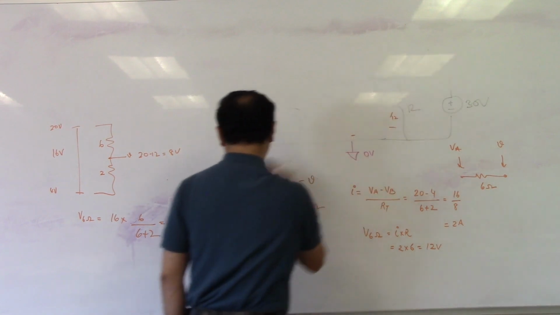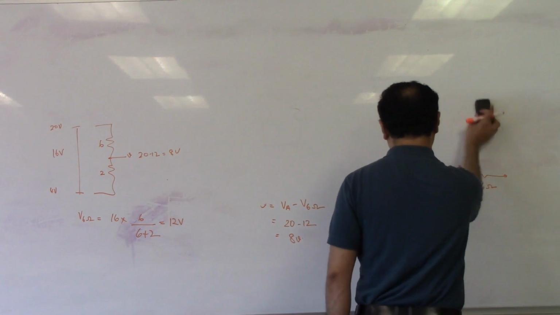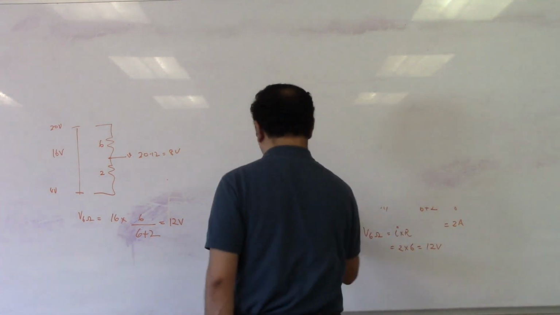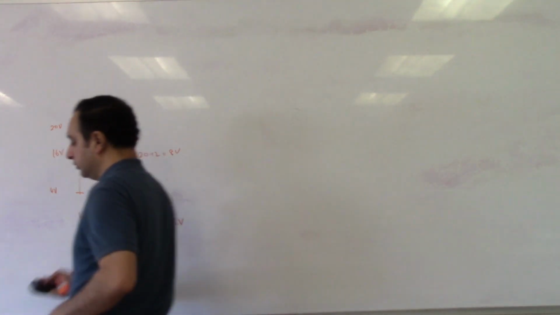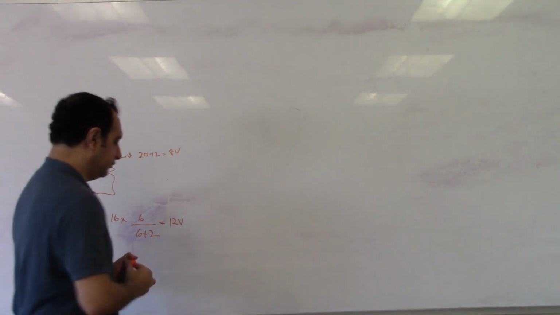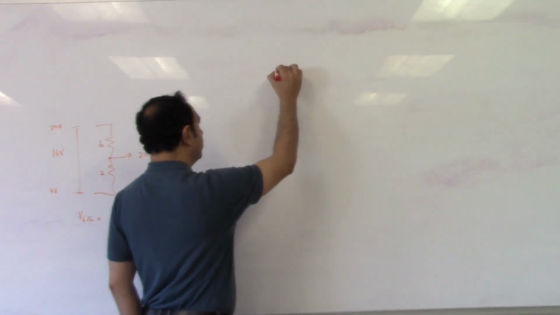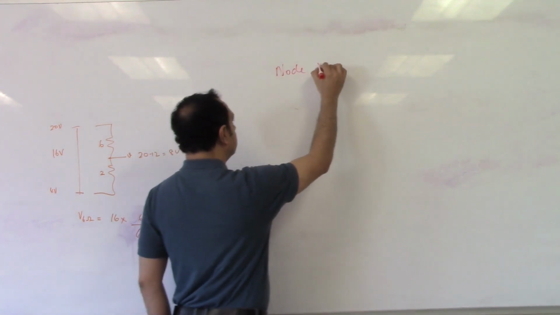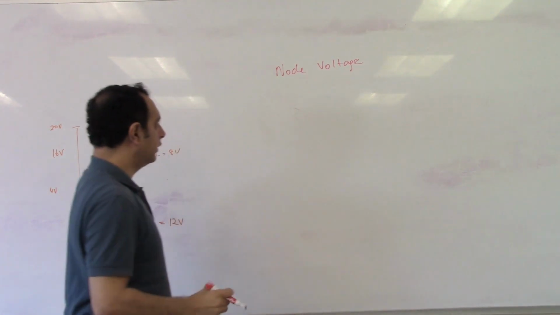Okay, all right. So let's move on with node voltage. But today what we'll do is include a different type of source. We did everything with independent sources. So let's move to a question where we try to do node voltage with dependent sources.